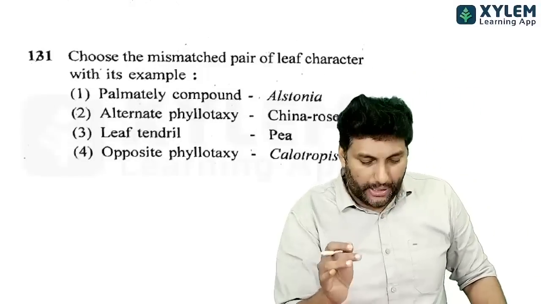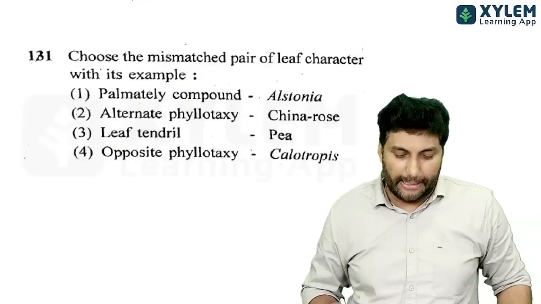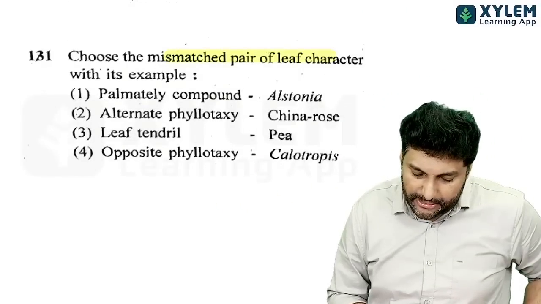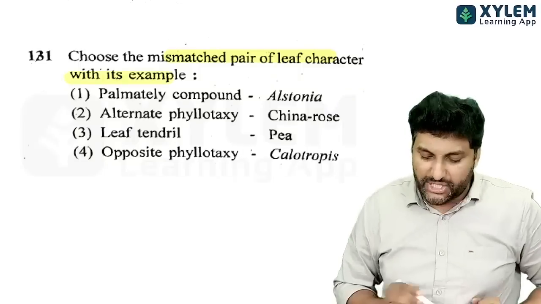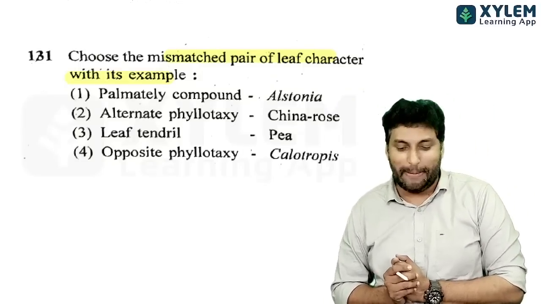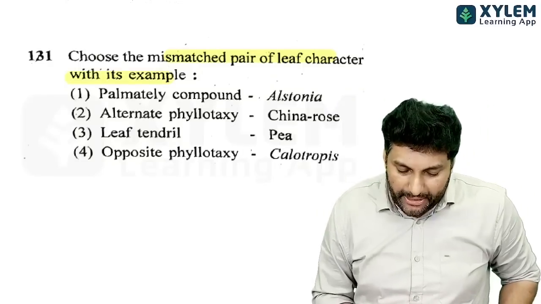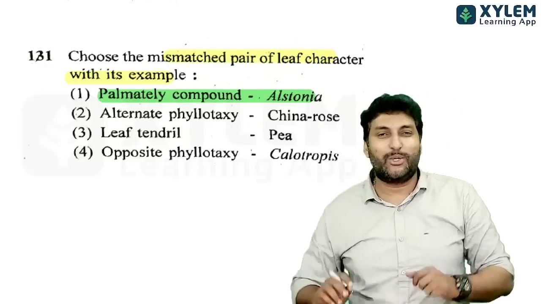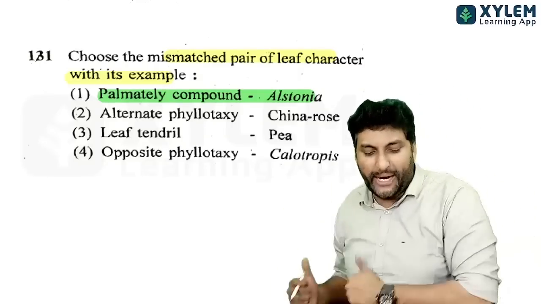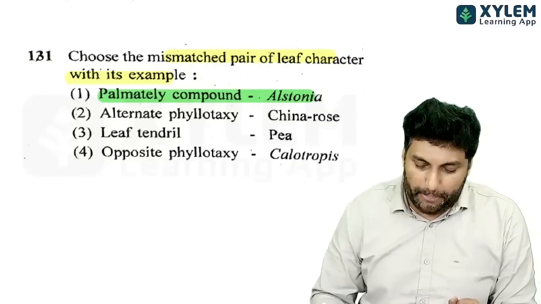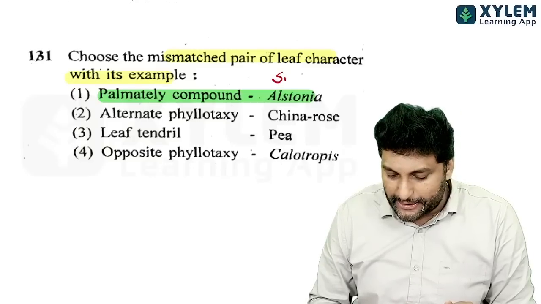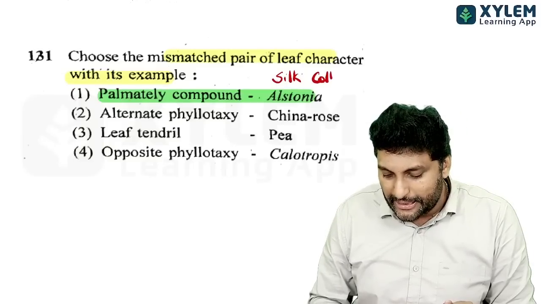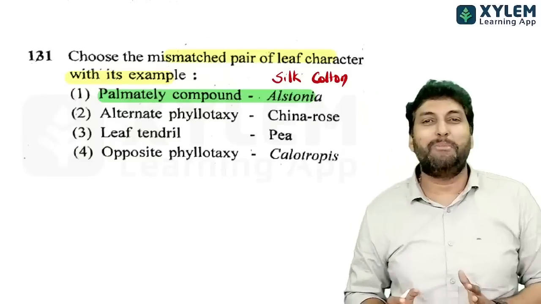Again, 131. Again, from the morphology chapter, we have to find the mismatched pair of leaf character. The first one is palmately compound, example given as Alstonia. Actually, this Alstonia is whorled phyllotaxy, and the right example of palmately compound is silk cotton, that is Bombax. So the first one is mismatched.